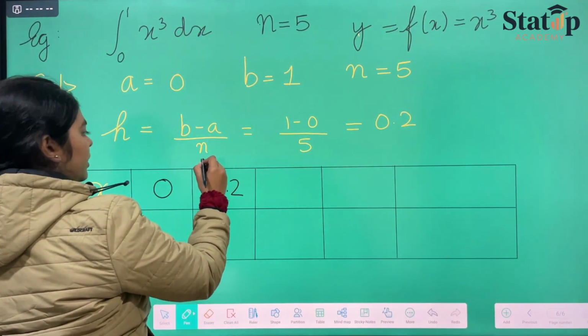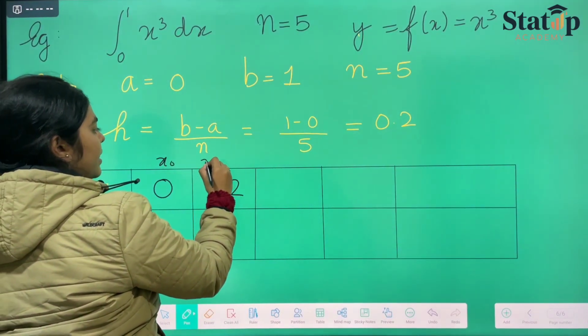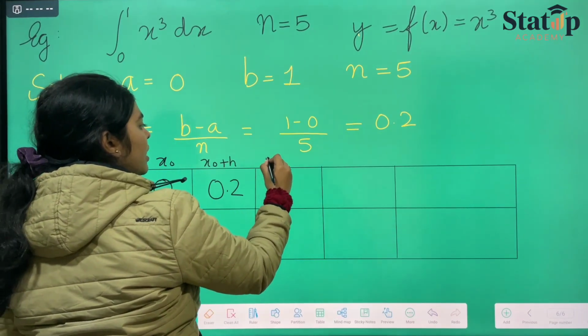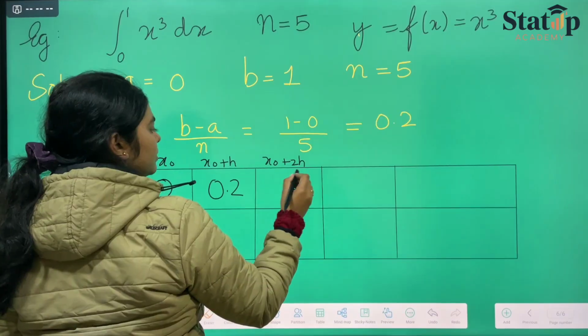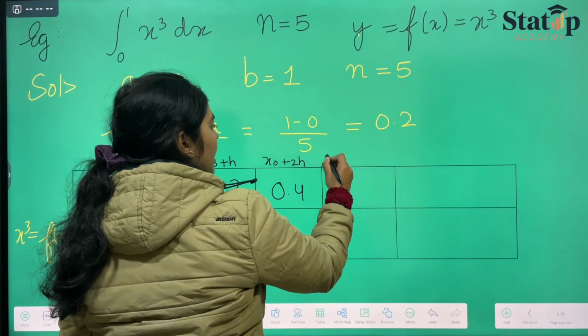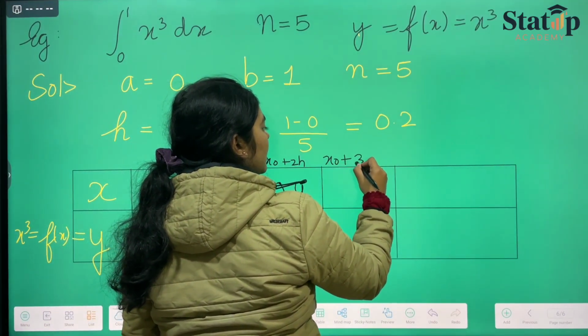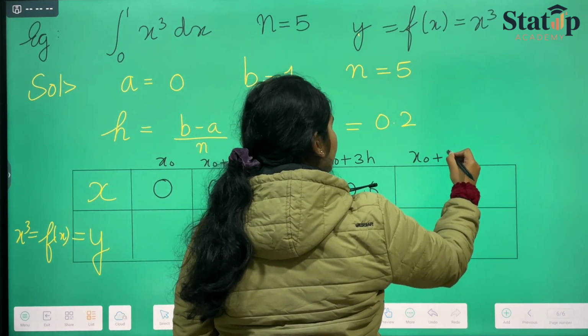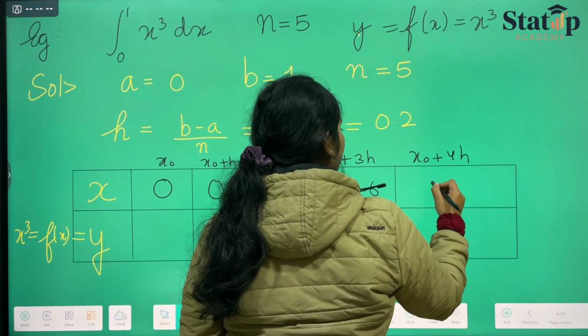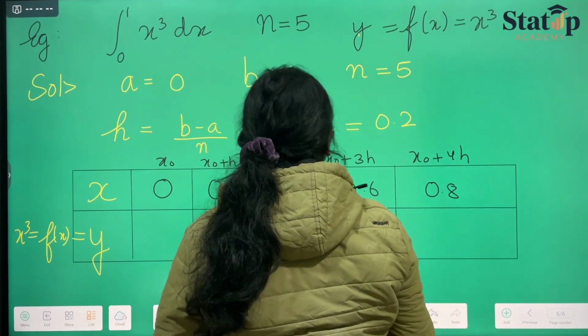That is, x naught plus h, x naught plus 2h, which will be 0.4. x naught plus 3h will be equal to 0.6, and x naught plus 4h will be equal to 0.8.